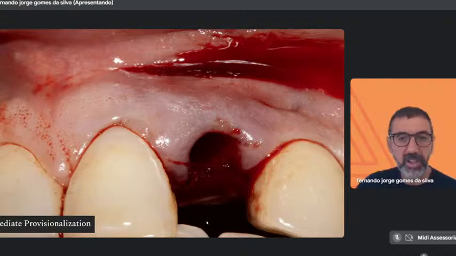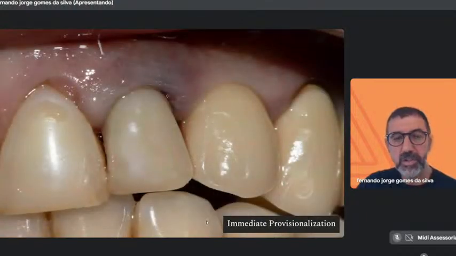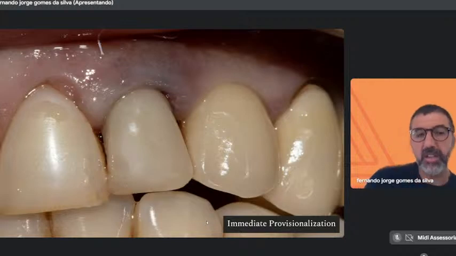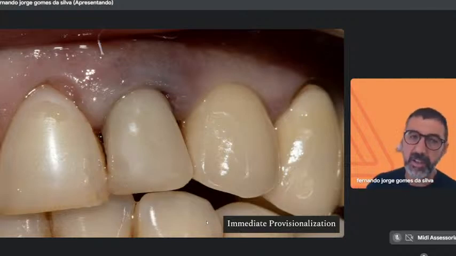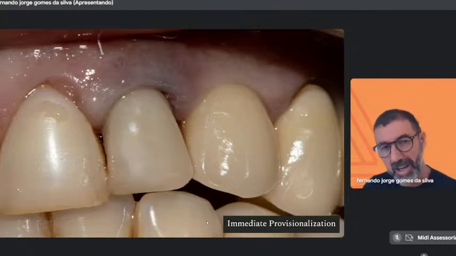Another one with disorganized, post-extractive soft tissue. This is the provisional tooth, as you see, without any kind of papillae. We will see forward in the presentation the final restoration, and we will check if there are any papillae.